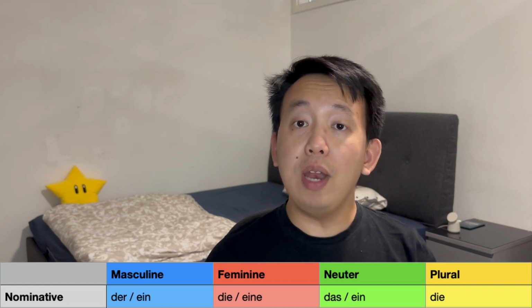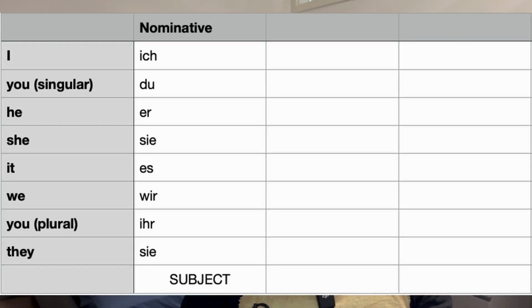And also for the pronouns, you will have ich, I, du, you, er, sie, es for he, she, it, wir for we, ihr for you plural, and sie again, but this time for they. So these are the pronouns for subject, for nominative.